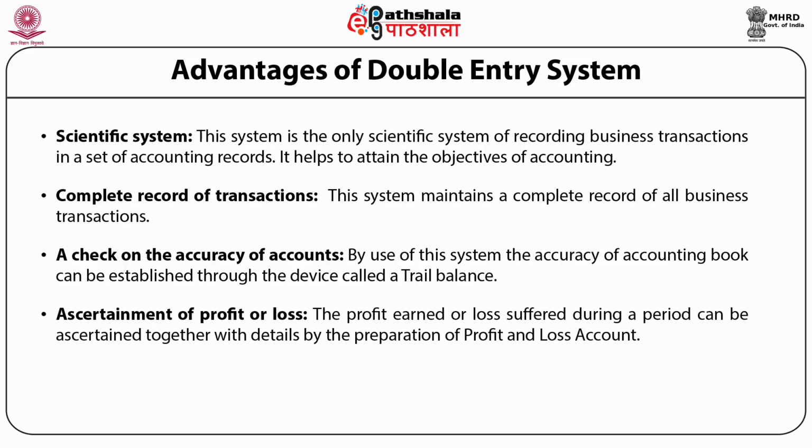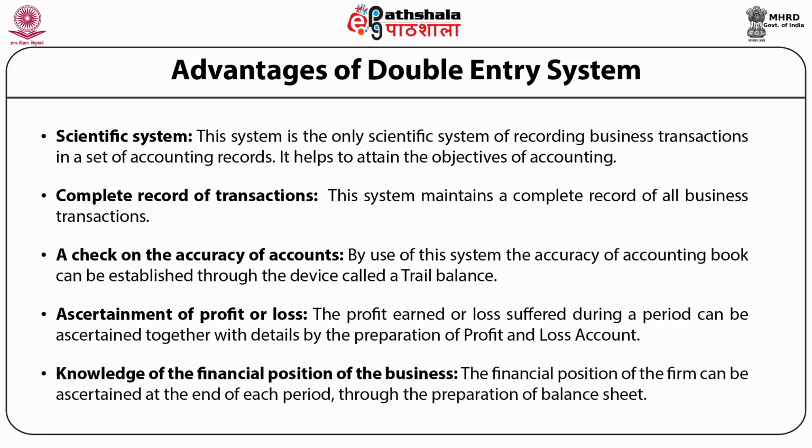Ascertainment of profit or loss: the profit earned or loss suffered during a period can be ascertained together with details by the preparation of profit and loss account. Knowledge of the financial position of the business: the financial position of the firm can be ascertained at the end of each period through the preparation of balance sheet.